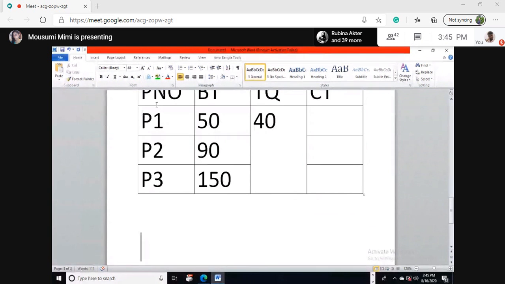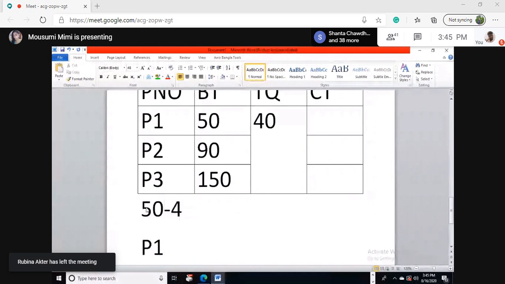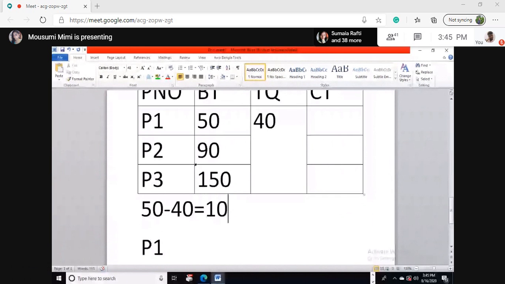First of all, we go according to the process number. So first I take process 1. Total burst time is 50 and time quantum is 40. So 50 minus 40 equals what? 10 seconds is remaining for process 1. It suspends now and goes to process 2.